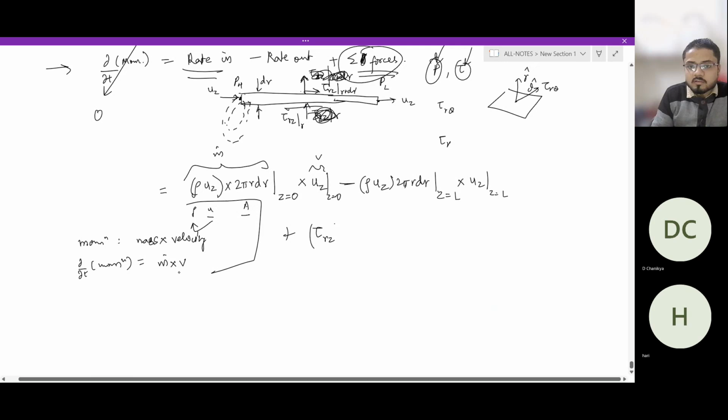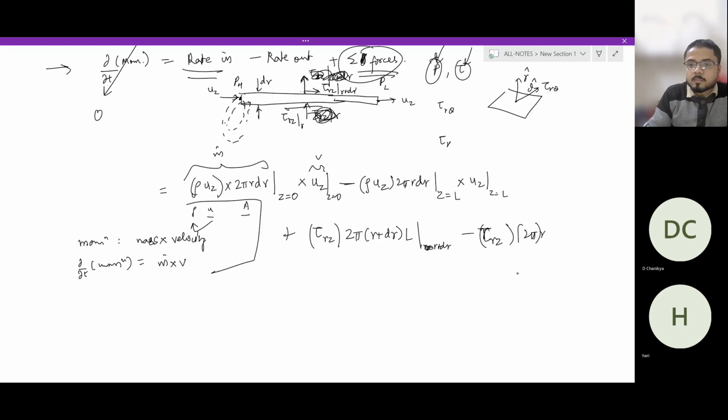It is tau rz times 2 pi (r plus dr) times L. This is the area, and this is at r equal to r plus dr, right? Just write this simply. Minus tau rz times 2 pi r L at r.